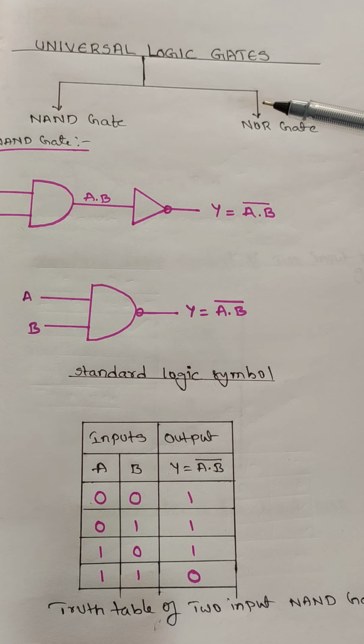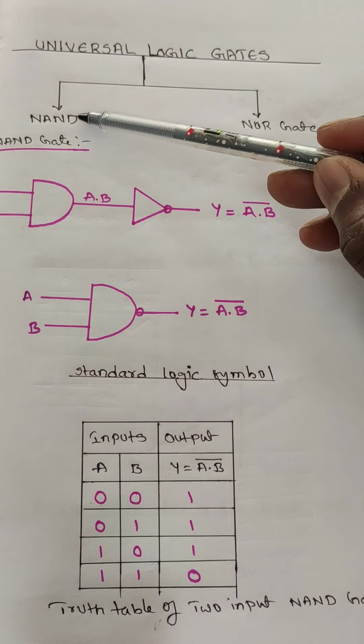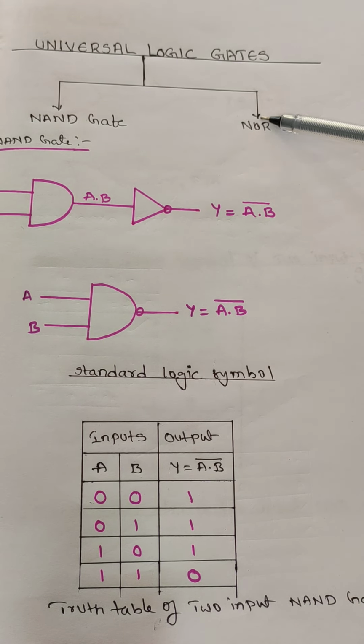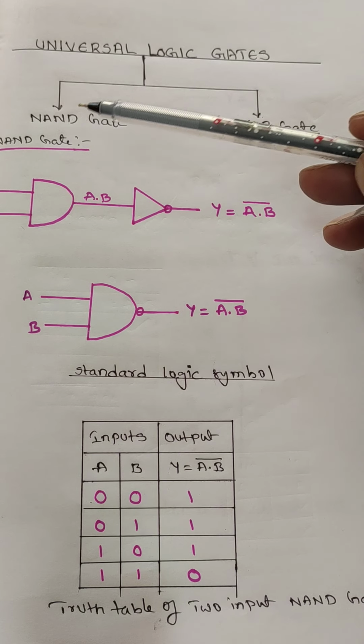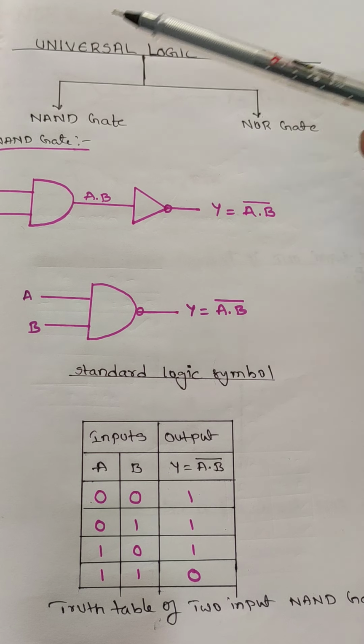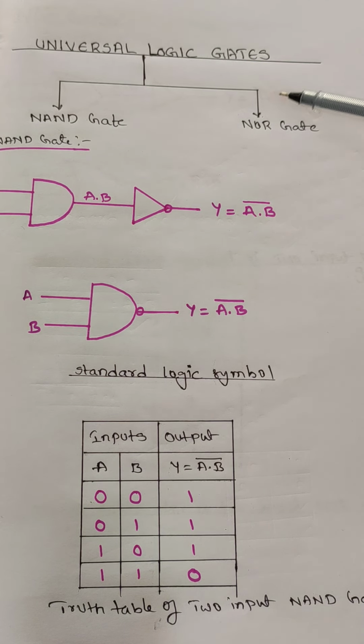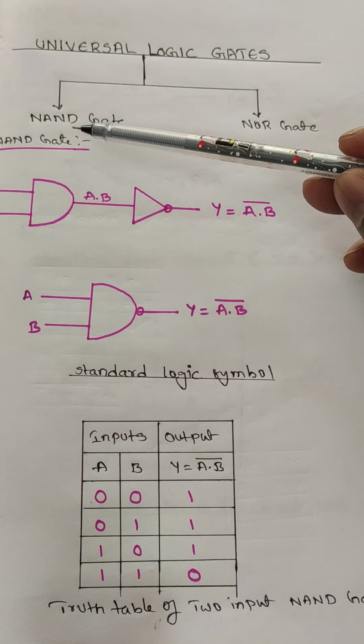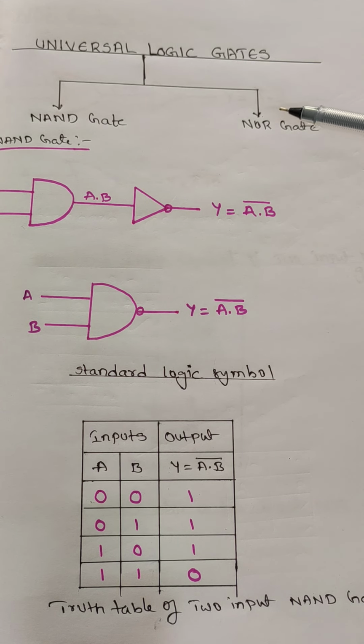AND gate can be constructed by using NAND gate or NOR gate. OR gate can be constructed by using NAND gate or NOR gate. NOT gate can be constructed by using NAND gate or NOR gate. So that is why they are called universal gates.